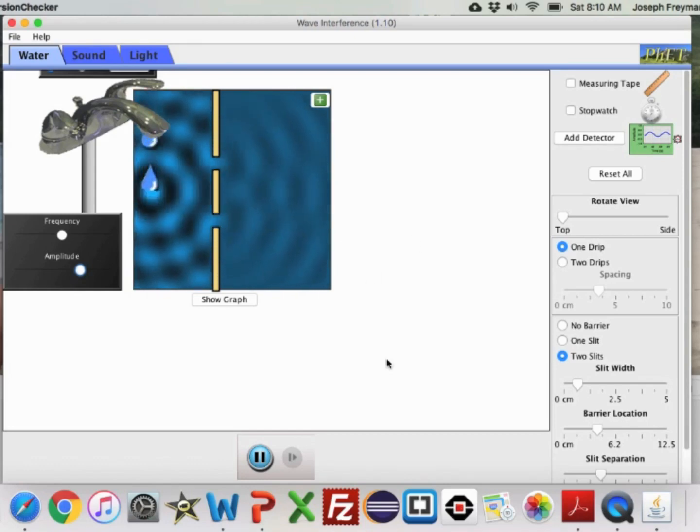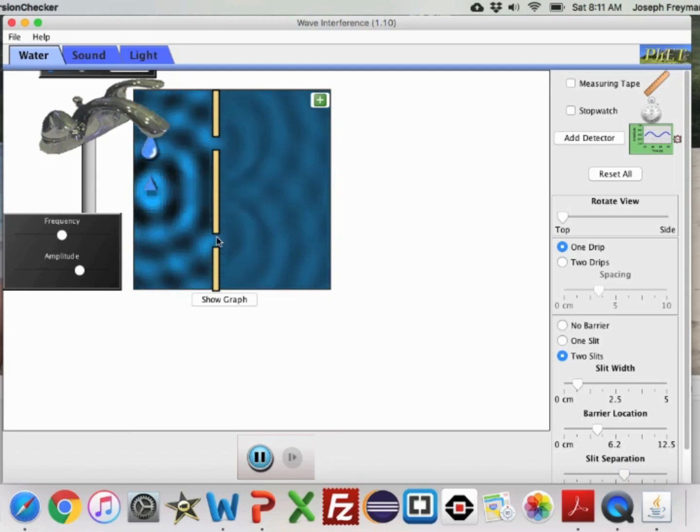Alright, so I can experiment with different separations. With that type of separation, I can see the effect even more, and also different slit openings. But the point is that when I have diffraction through two slits, I am getting both constructive and destructive interference.